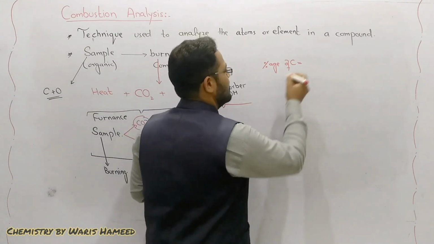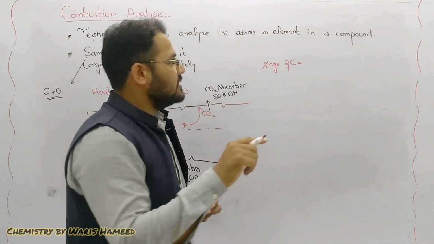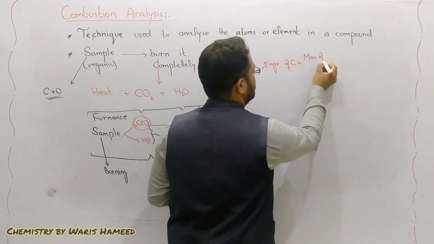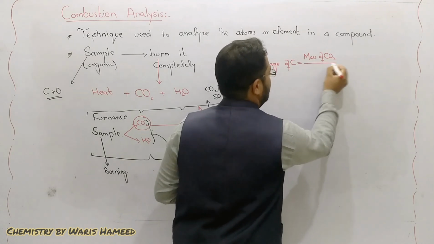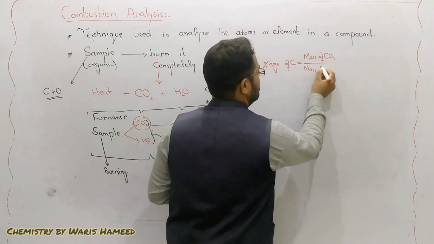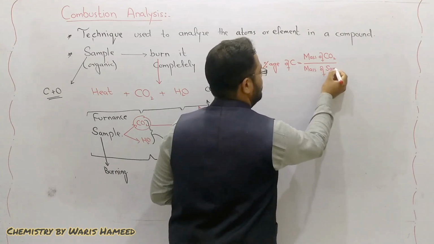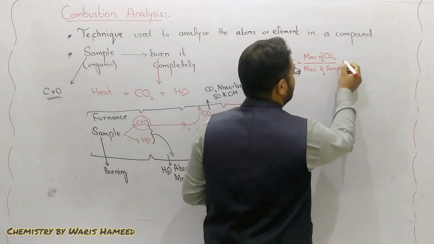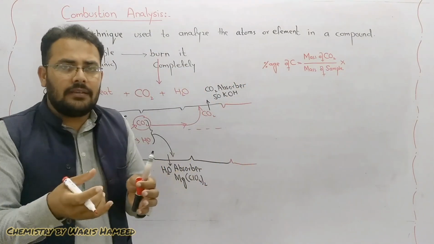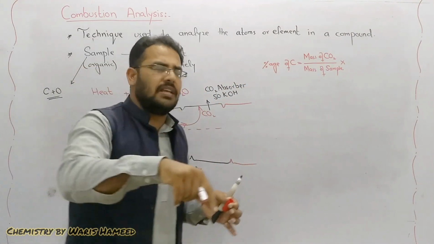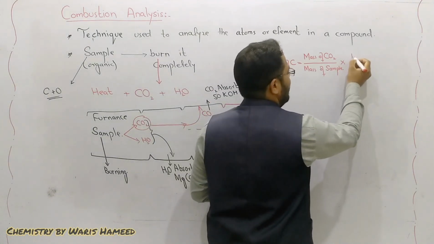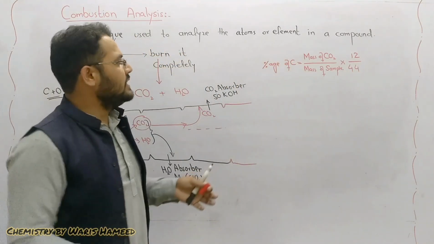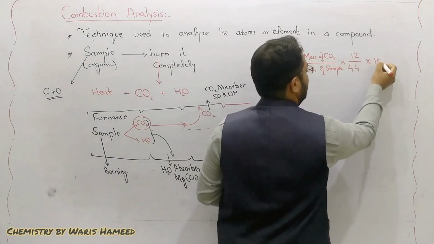So here will be the mass of CO2 divided by the mass of the sample or organic compound, multiplied by 12 over 44, because I have to take the carbon from carbon dioxide. And for percentage, we multiply by 100.